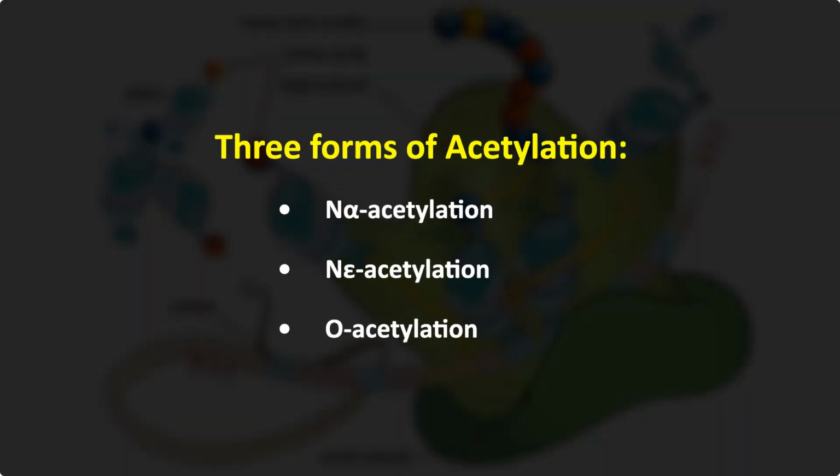There are three forms of acetylation: N-alpha acetylation, N-epsilon acetylation, and O-acetylation. N-alpha acetylation is an irreversible modification, and the other two types of acetylation are reversible.